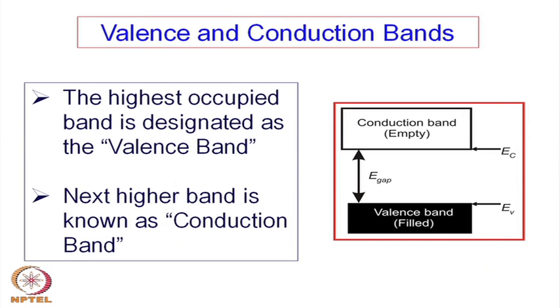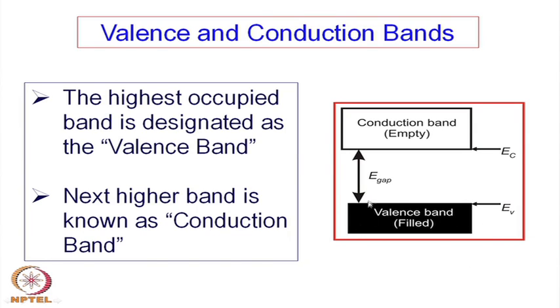What we are saying here is that the highest occupied band is designated as the valency band. So, this is the valency band, and below that, whatever energy levels are available, including if there is a band gap, does not matter, but all the energy levels below this level are filled up, then this will be called the valency band.